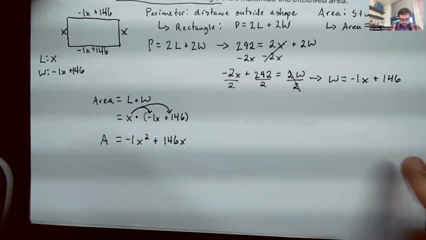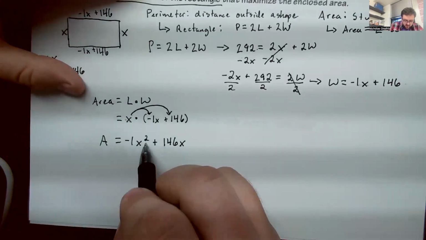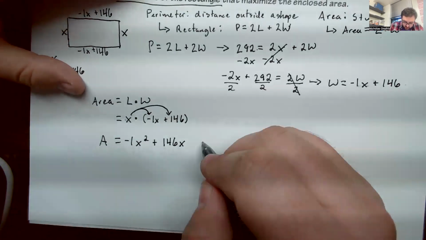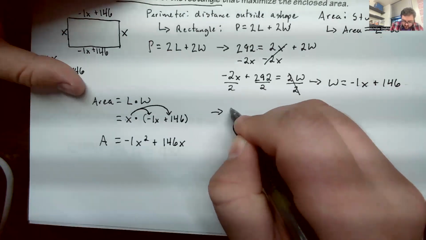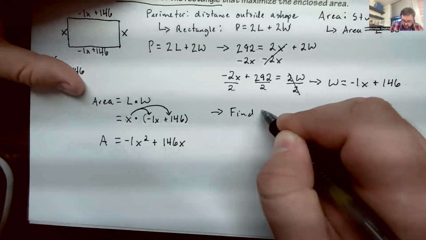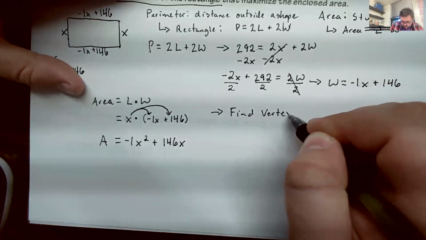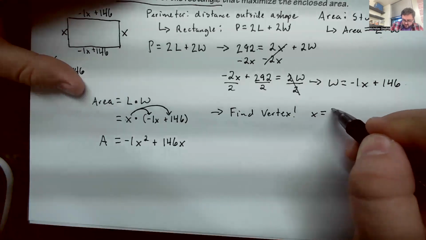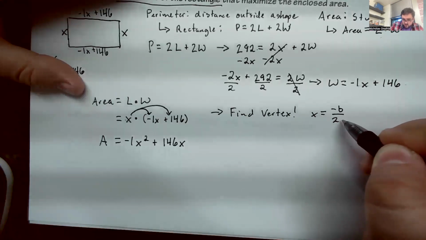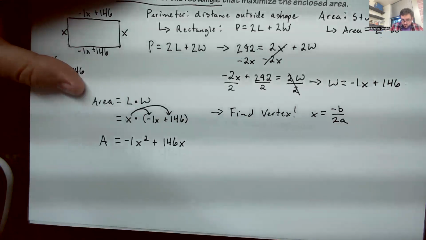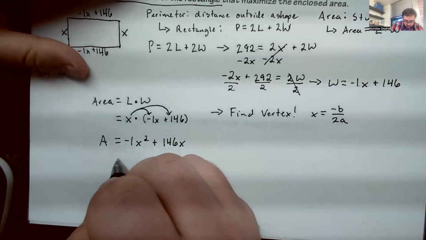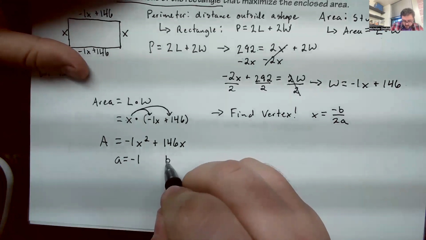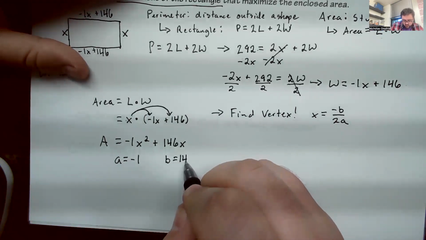Now that we're here, notice we have a quadratic equation. We have an x squared. So our thought is, let's find the vertex. Again, we can find the vertex using x equals negative b over 2a. For our problem, our a value is negative 1, and our b value is 146.